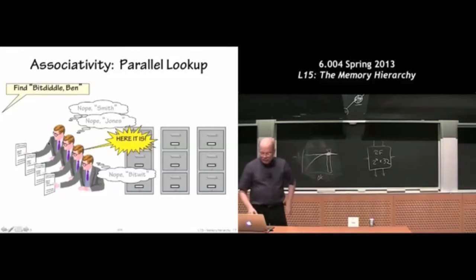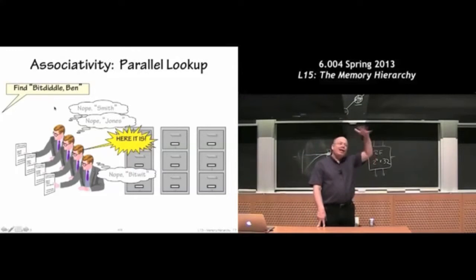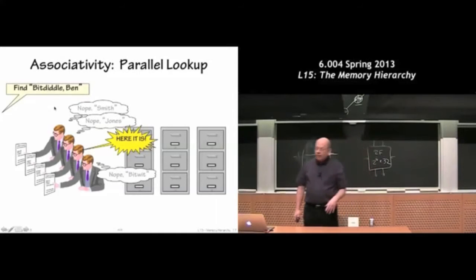So the best type of search we can do is to look at every line of my cache, to see if that particular cache line has the address I'm asking for, and I'll look at all the lines in parallel.